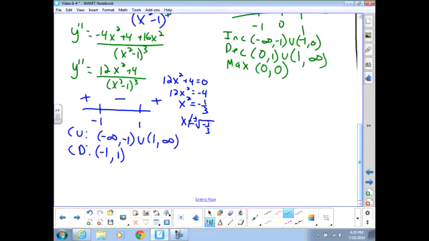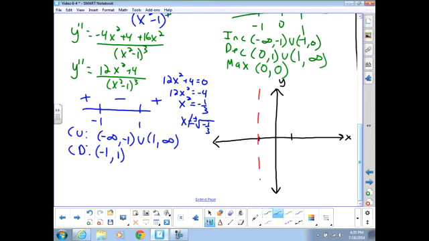We've now completed our analysis. We'll next sketch the graph. First thing you should do when sketching the graph is draw in your asymptotes and any points that you found. So we had an asymptote at negative 1 and at positive 1 for the vertical ones.